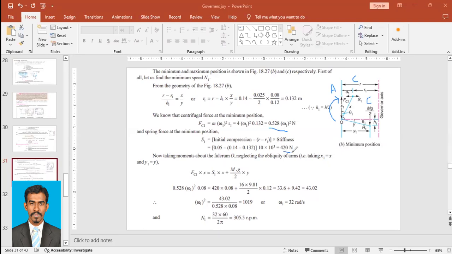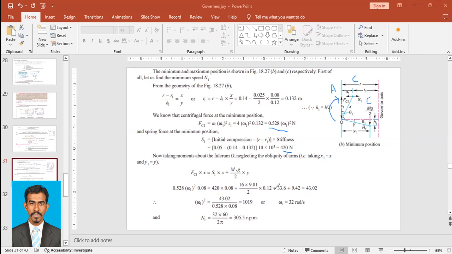S1 we have found to be 420 Newton, so 420 into length x, again 0.08, plus mg by 2, where the equivalent mass of the sleeve is 16 kilogram, into g 9.81 by 2. Why? Because we are considering only half of the given system, into this length y, that is 0.12, which was also given in the question.